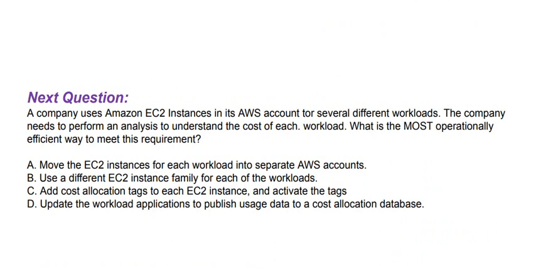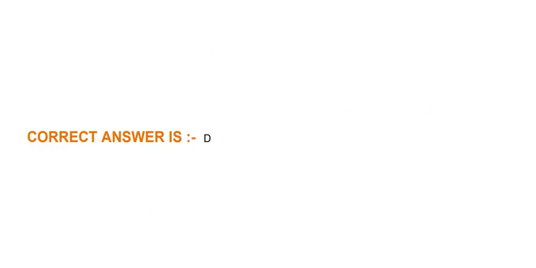Option B. Use a different EC2 instance family for each of the workloads. Option C. Add cost allocation tags to each EC2 instance and activate the tags. And option D, update the workload applications to publish usage data to a cost allocation database. And the correct answer is option D.